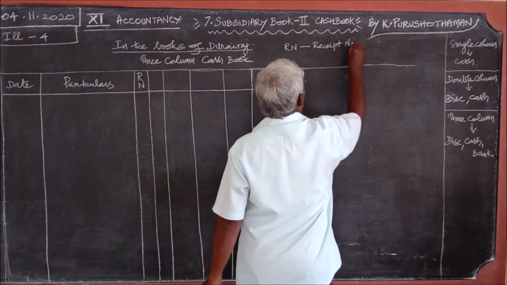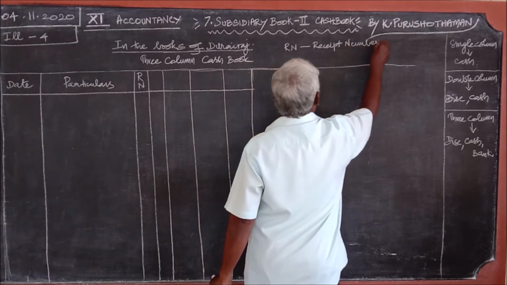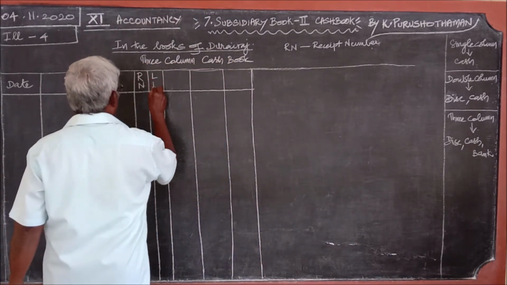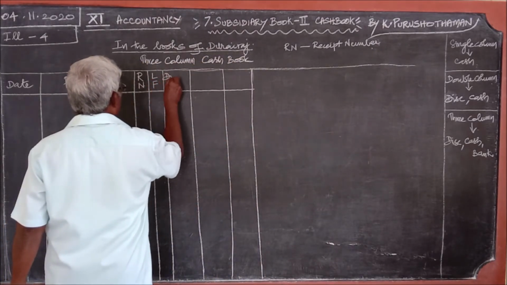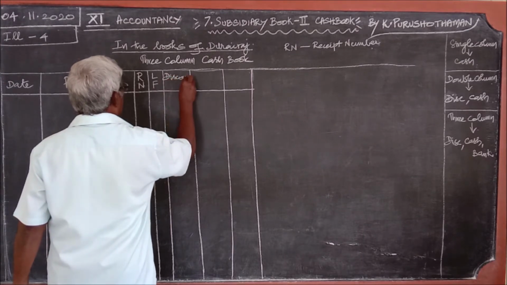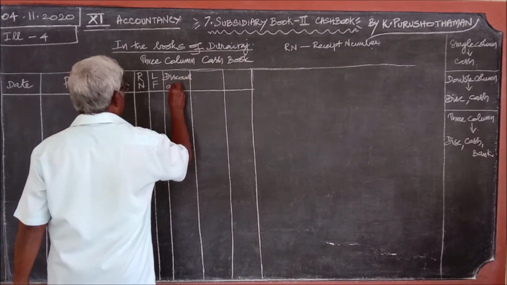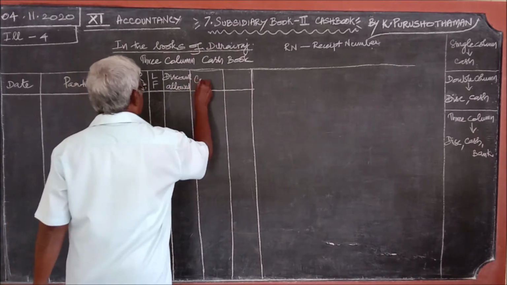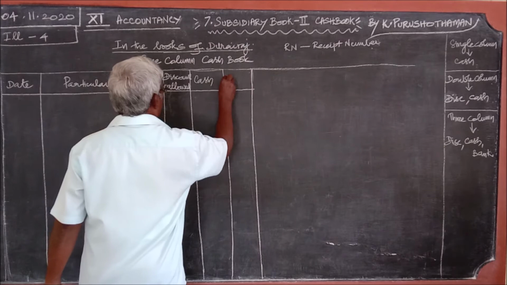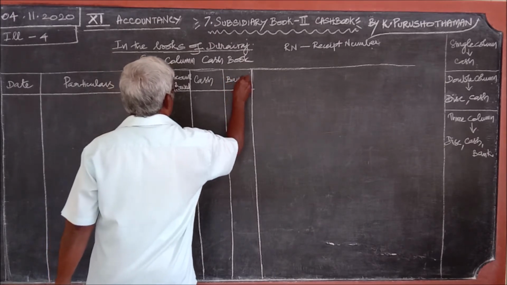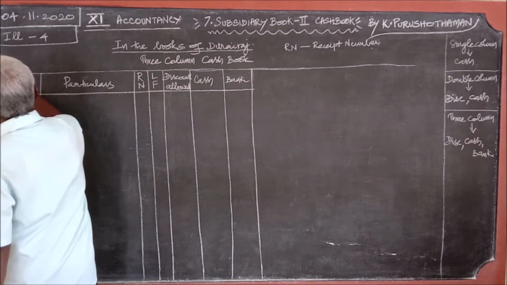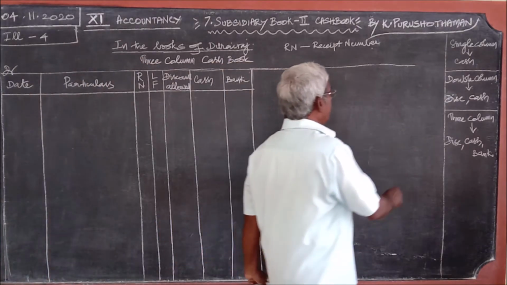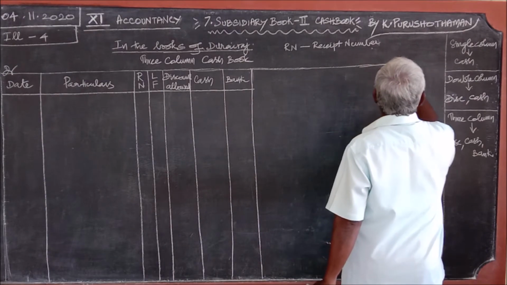Then L.F., this is ledger folio, then discount allowed, cash, bank. Up to this, the debit side, this is debtor. The same 7 columns we prepare on the credit side also.